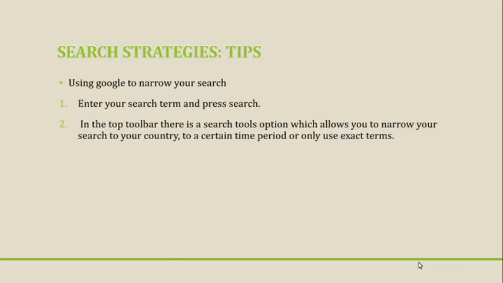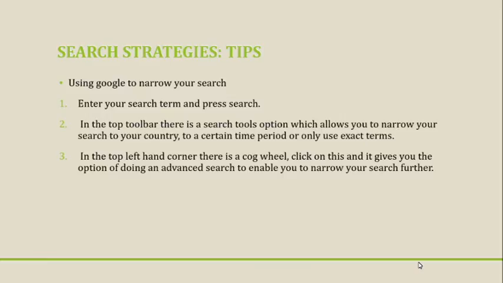In the top toolbar, there's a search tools option, which allows you to narrow your search to a country, a certain time period, or only use exact terms. In the top right-hand corner, there's a cog wheel. If you click on this, it gives you an option of doing an advanced search to enable you to narrow your search further. We will now show you how to do this.